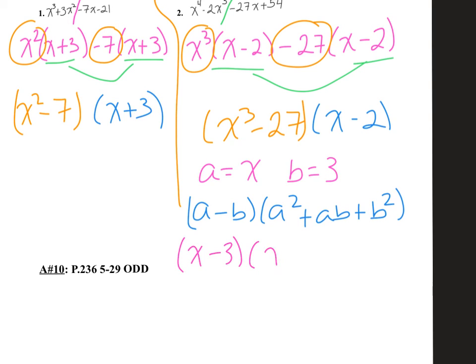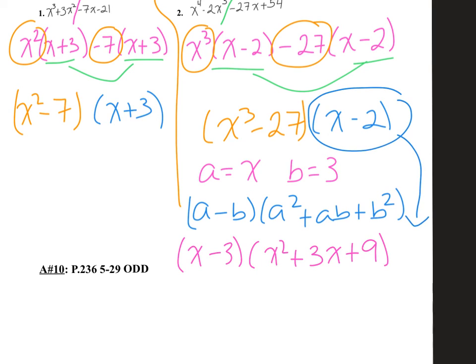And then we have x squared plus 3x plus, well, 3 squared is 9. And the last and final thing, I need to take this and bring it down. So x minus 2. And there you go. There's your final form completely factored out for you.